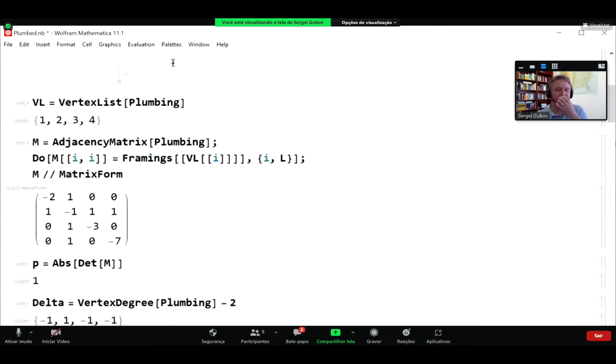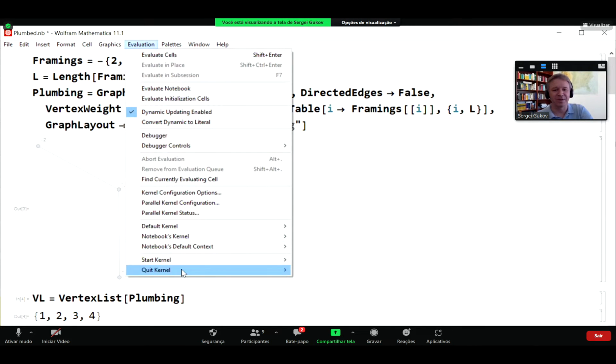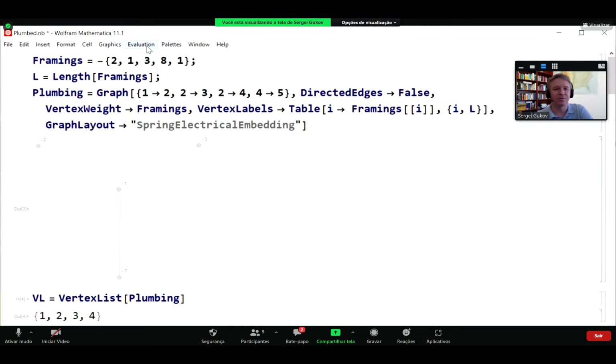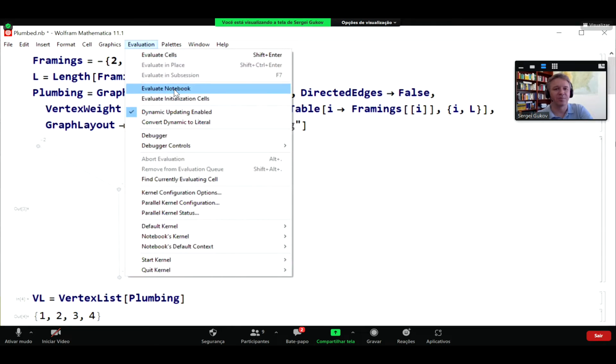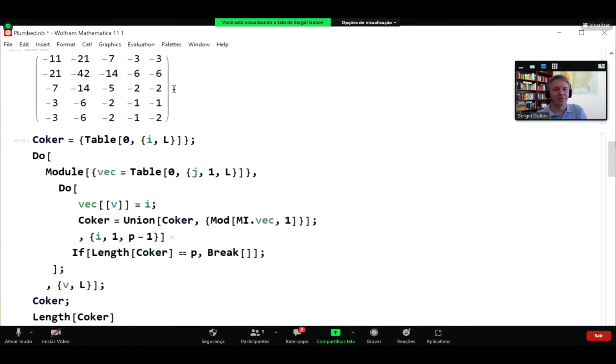So let me modify this graph by adding one more vertex and changing some of its labels. So now it's going to be a completely different graph. I'll ask Mathematica to forget everything that happened a moment ago. So here we go. And we'll try to compute it one more time, and see what we get.